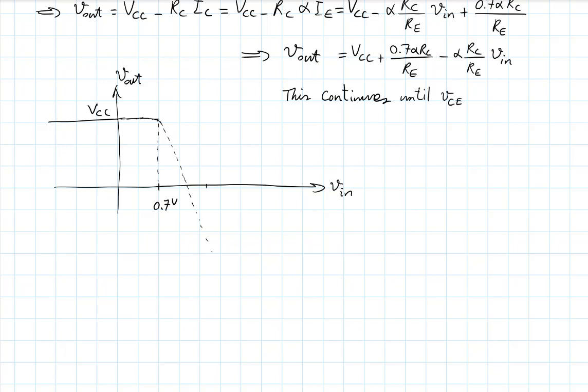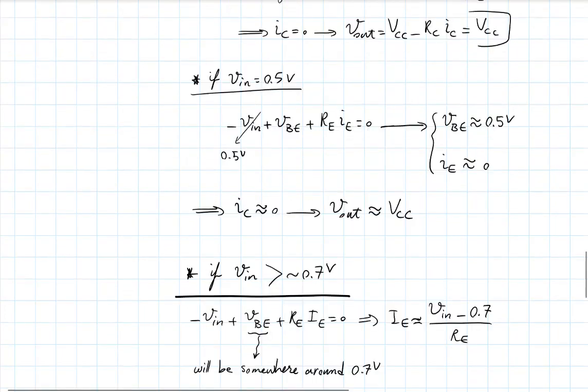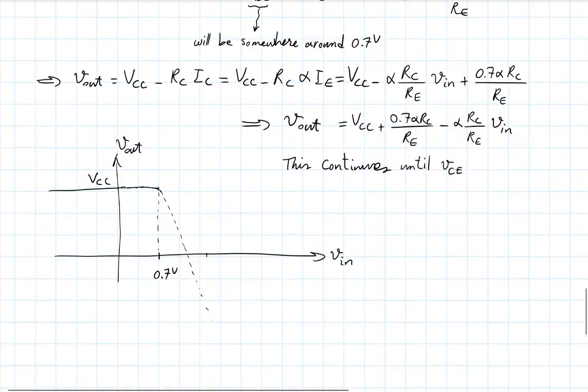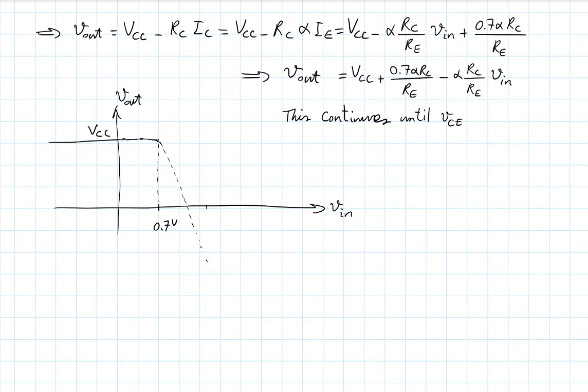VCE, because as the output goes down, VCE is going down. Remember, the output voltage is simply the collector voltage. So as the output is going down with an increase in the input, VCE is going down. And this continues until VCE reaches around 0.3 volts.